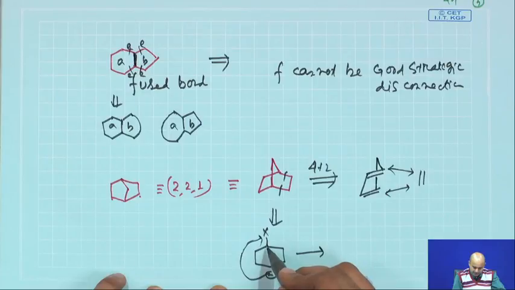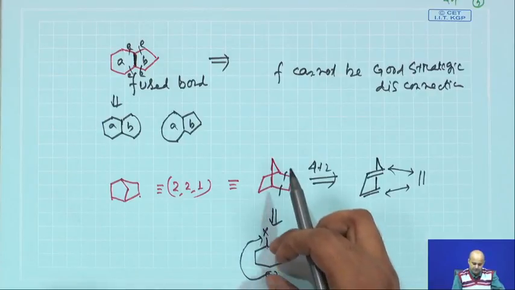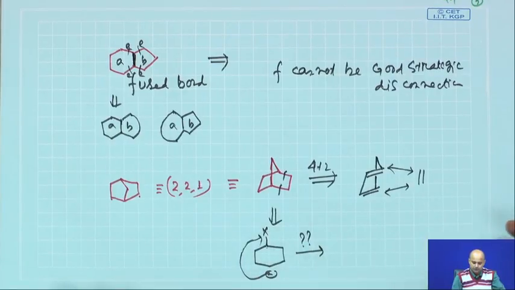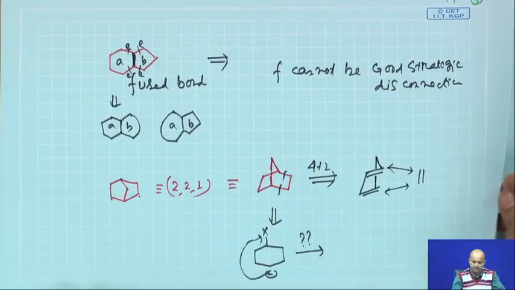But there are some question marks, because in reality these groups are not in close proximity, they are a little bit far apart. So, this is not a good strategic disconnection. These points you need to always consider.